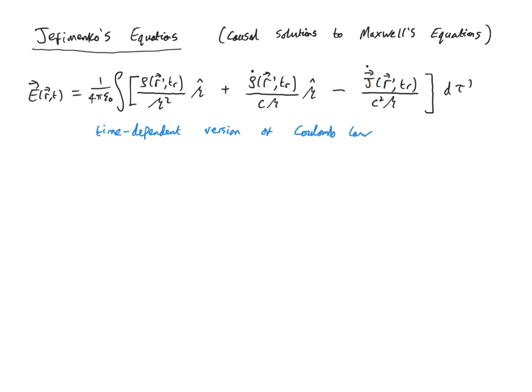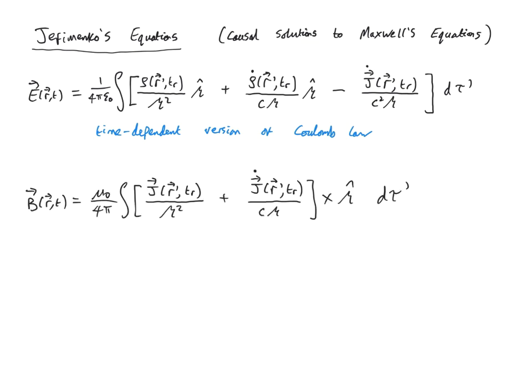Notice also, of course, that in the dynamical case, all of these fields are evaluated at the retarded time t_r. What about the magnetic field? This is the result, which is a time-dependent version of the Biot-Savart law.